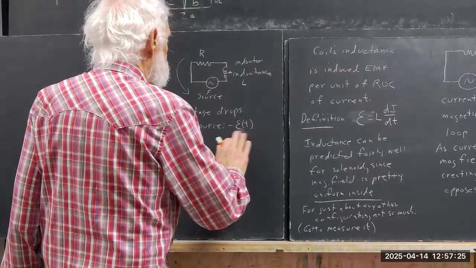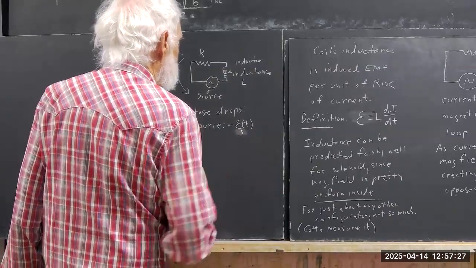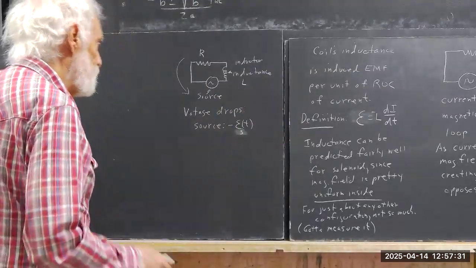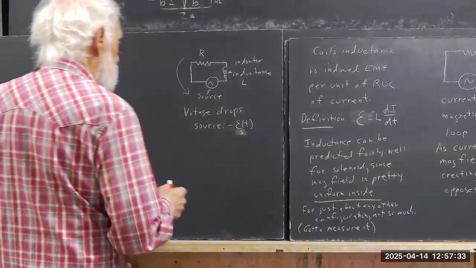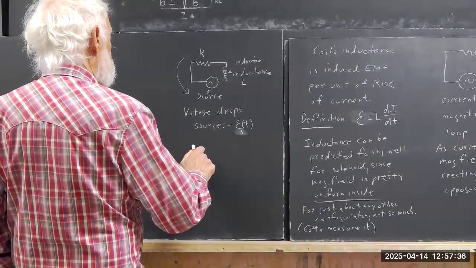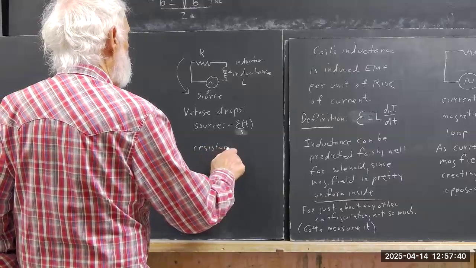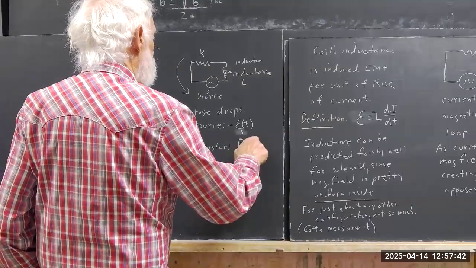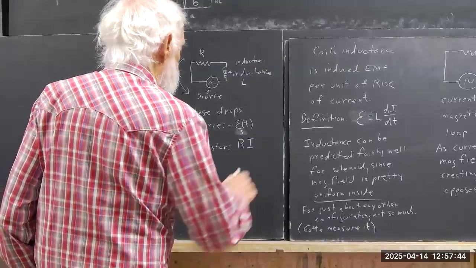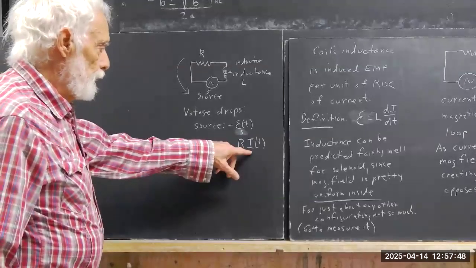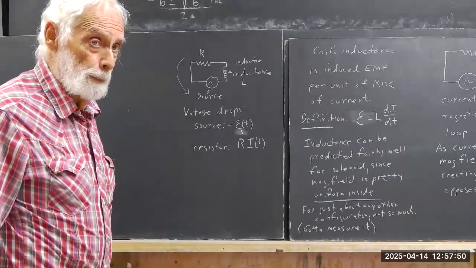And the voltage drop across the source is the negative voltage drop because it's a voltage rise. Okay, we've talked about that and you should be kind of used to that. The resistor, it's the resistance times your current as a function of time, right?